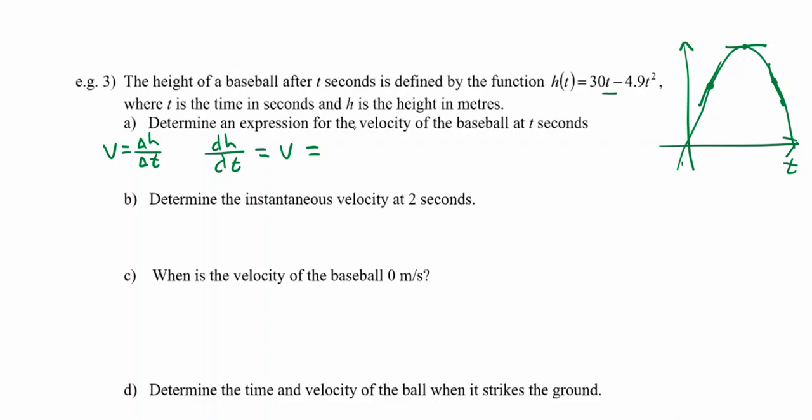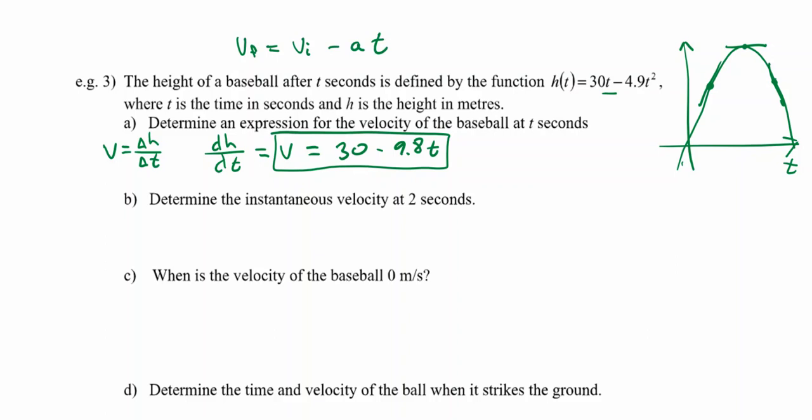You will be good at this. So this is 30 minus 9.8t. And there you go. There is our equation for the velocity at any given point on that graph. Again, in the physics context, this should look familiar too. Think of this one: v_f is equal to v_i minus at, or rearranging that, plus at.